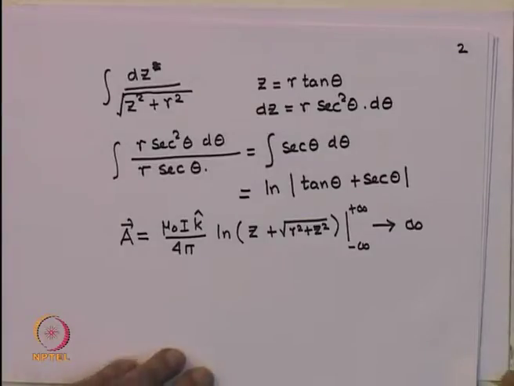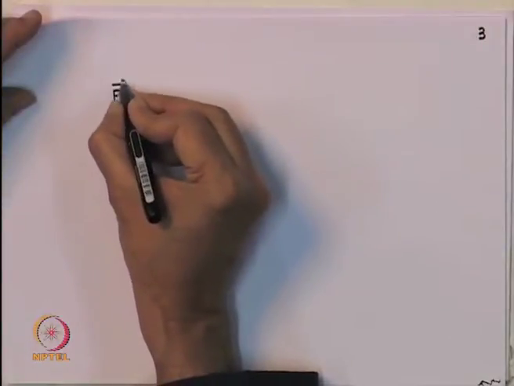However, I can do something else. I can calculate the vector potential from the expression of the magnetic field itself.